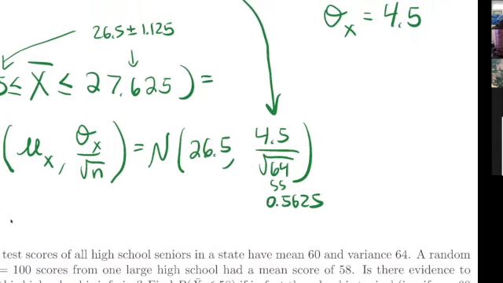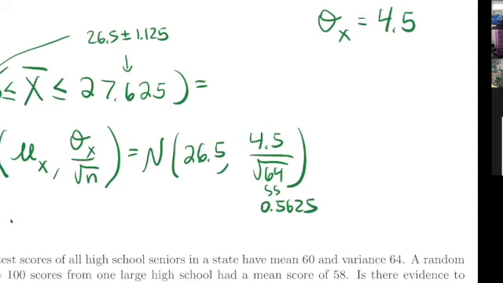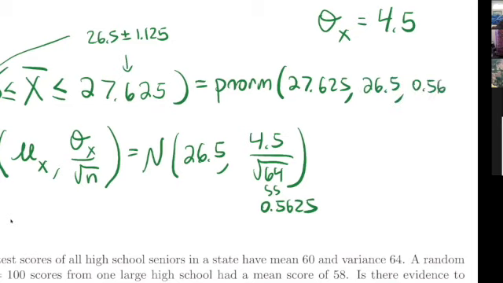So now this probability over here I can calculate using the pnorm function in R. So I could type pnorm, what's the probability that we're less than 27.625 where this is now centered at 26.5 and 0.5625.